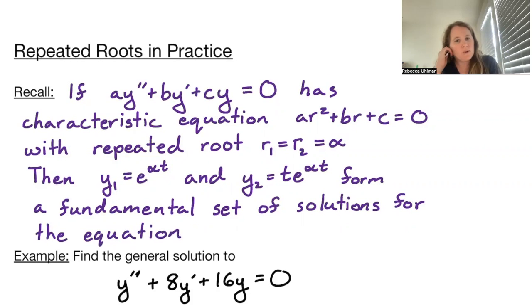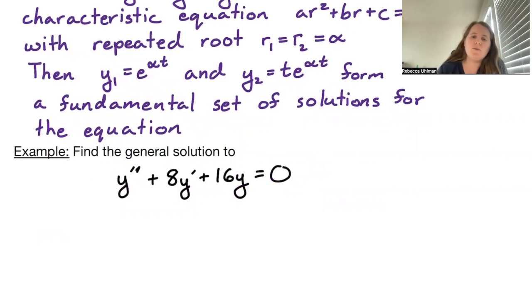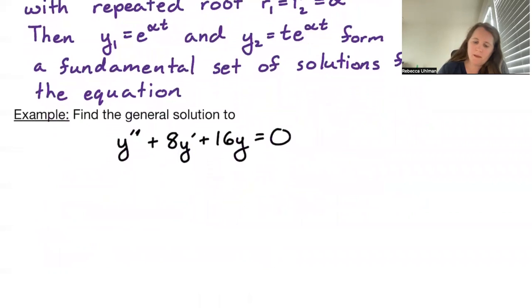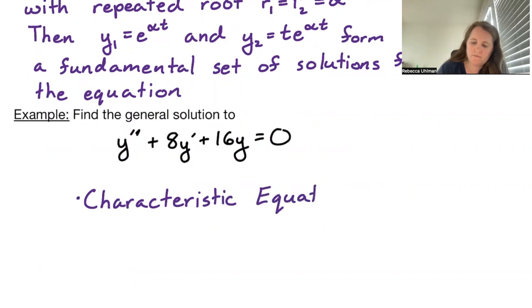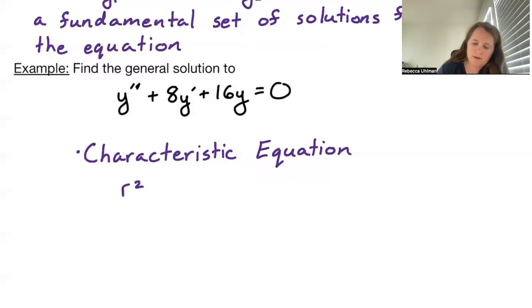So let's go ahead and put this into practice. For example, let's find the general solution to y double prime plus 8y prime plus 16y equals 0. The first thing we need to do is find the characteristic equation, which in this case is r squared plus 8r plus 16 equals 0.